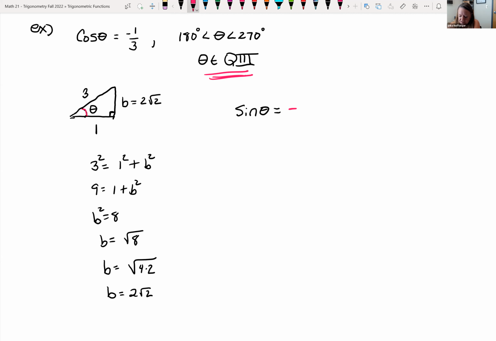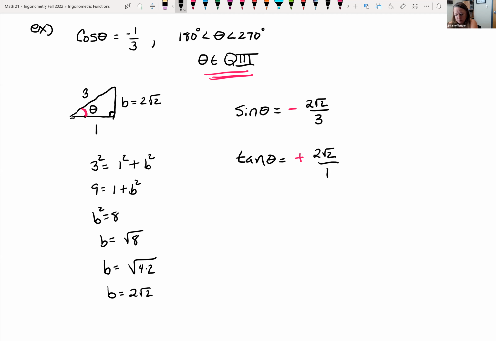Now looking at the ratio of sides, sine is opposite. So this is 2 root 2 all over hypotenuse, which is 3. So we get negative 2 root 2 over 3. Tangent theta, I'm in quadrant 3. I know tangent theta is positive. And so opposite of theta is 2 root 2 all over the adjacent side, which is 1.